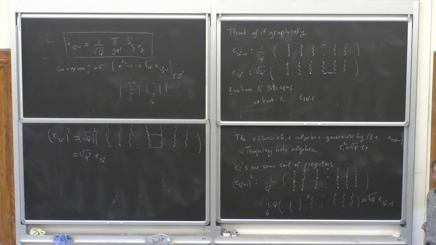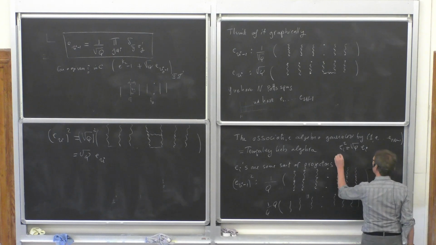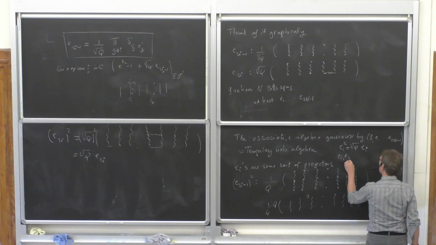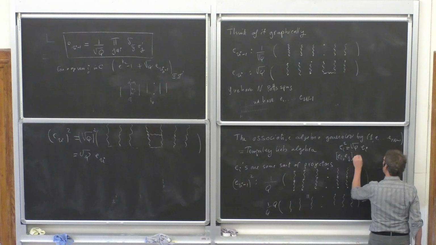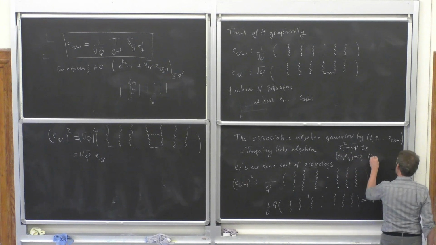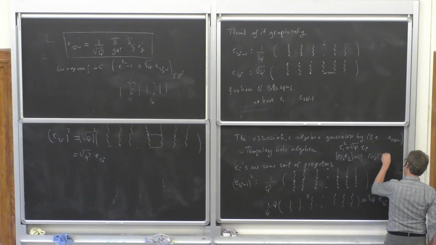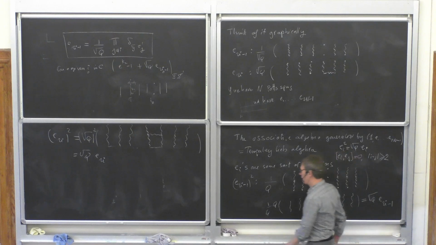We're having that E2I acts on the spins I and I plus 1. E2I minus 1 acts only on the spin I, so certainly EI and EJ commute if I minus J is larger or equal to 2. So that's another nice relation.